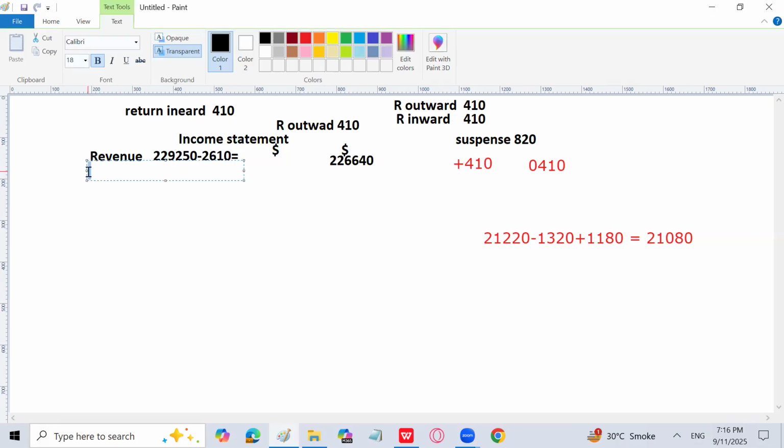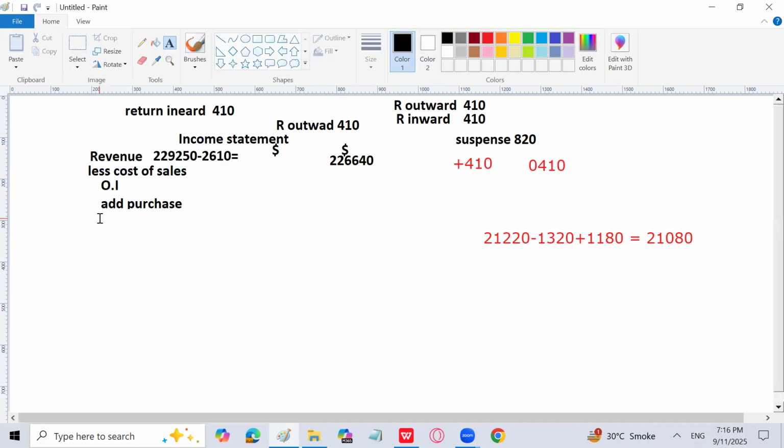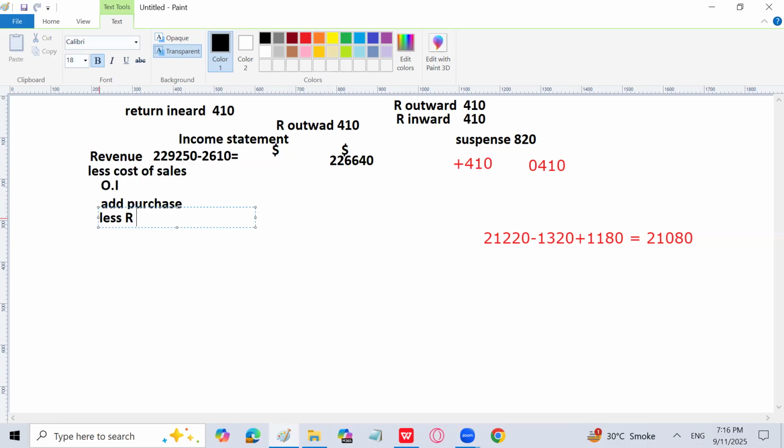Now subtract less cost of sales. Cost of sales includes, you know that, opening inventory, add purchases, and then you subtract less return outward. The amount is given in the question, which needs some adjustment. We'll do that. And add carriage inward.